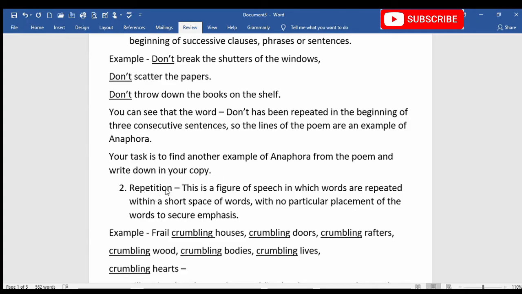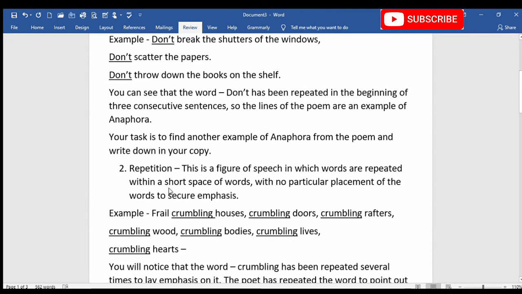Now the second figure of speech is repetition. What is this figure of speech? As the name suggests, this is a figure of speech in which words are repeated within a short space of words with no particular placement of the words to secure emphasis.